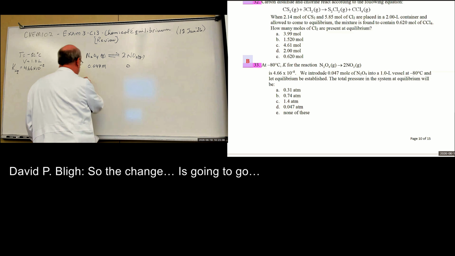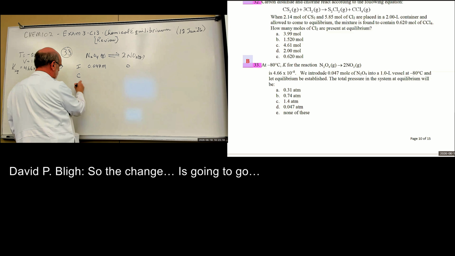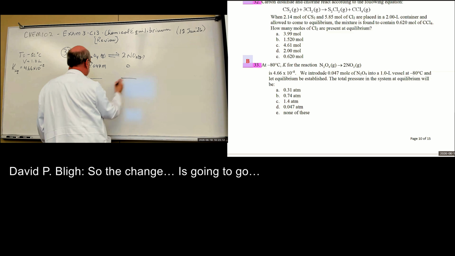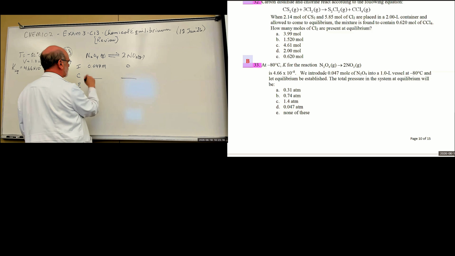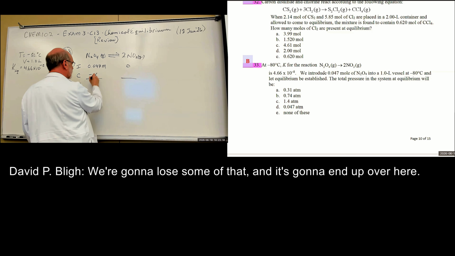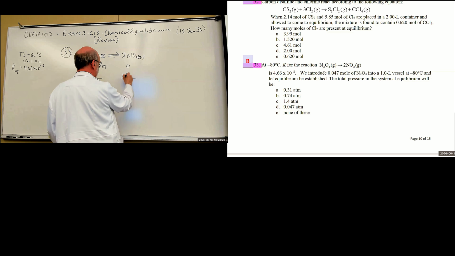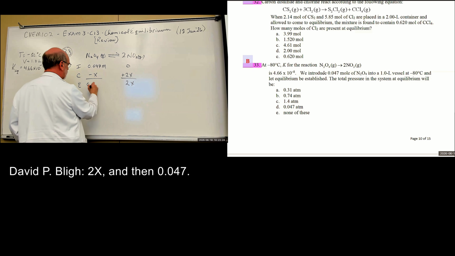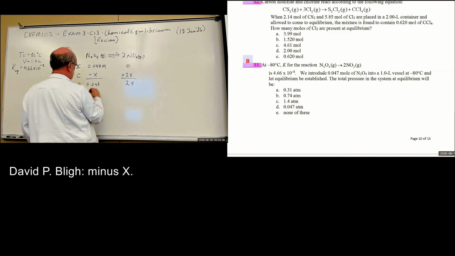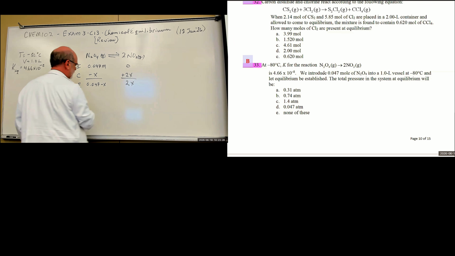This is 0. So the change, it doesn't matter, we're going to lose some of that, and it's going to end up over here. 2x, and then 0.047 minus x.